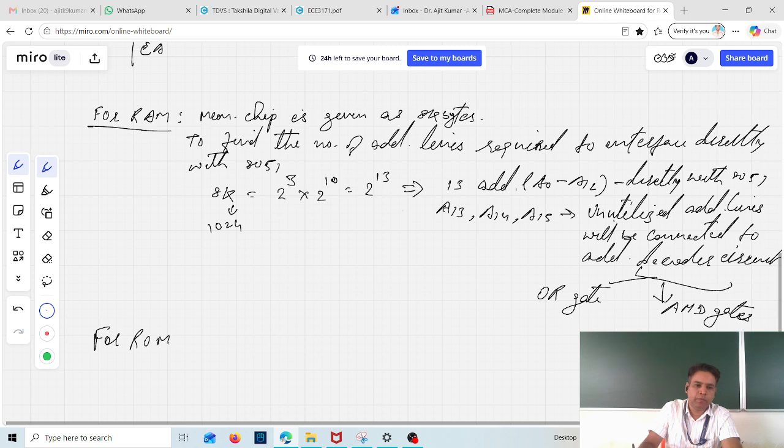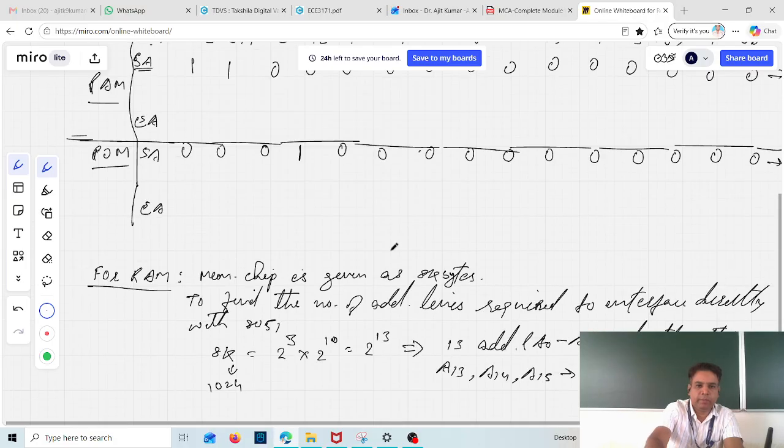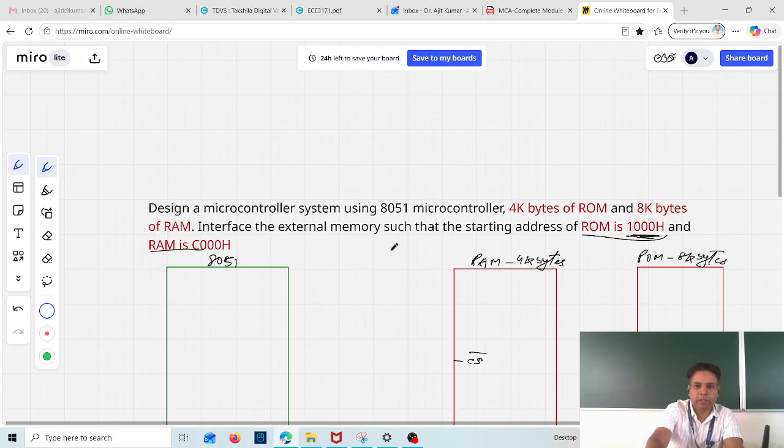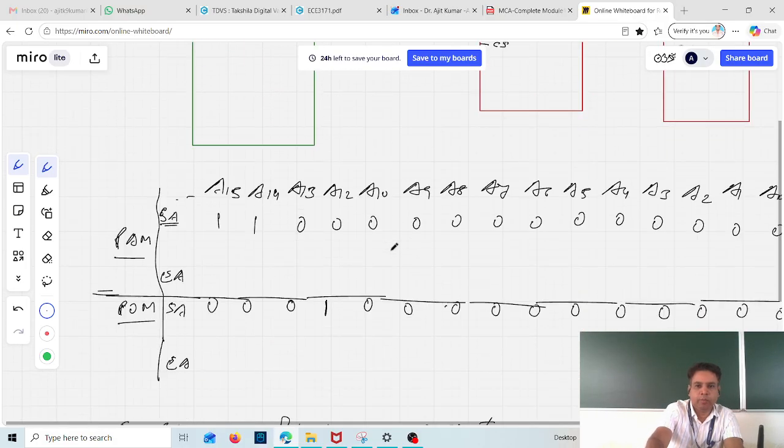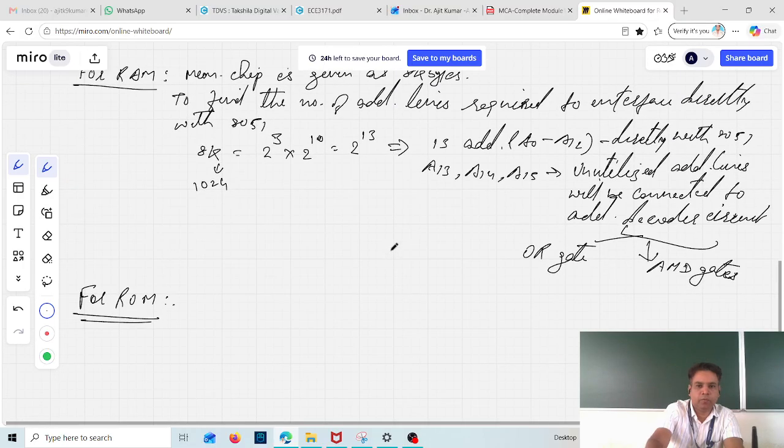Similarly for ROM, I'm going to find the number of address lines required. The memory chip capacity given for the ROM is 4 kilobytes. Write this 4k, that is 4 into 1024, in the power of 2.